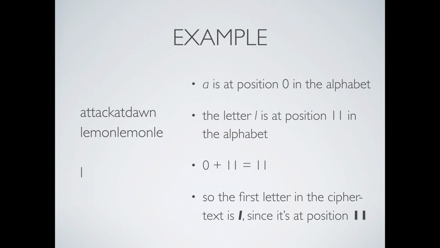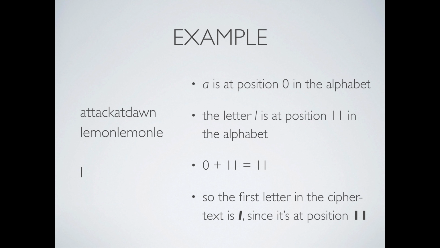and then whatever result you get back, that will be the position of the new character in the ciphertext, right? So in this case, again, A is at position 0, L is at position 11, so 0 plus 11 is 11, which means our new character, our encrypted character, is going to be whatever character is at position 11 in the alphabet.